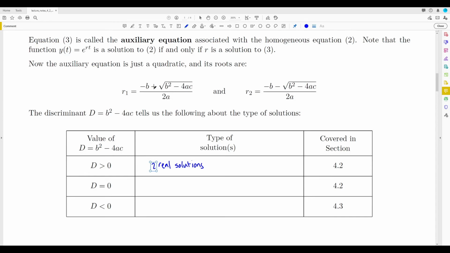We get plus the square root of 0, which is plus 0, and we get minus 0, so that's the same. And so we have one real solution, and that solution has multiplicity 2. And when D is less than 0, that means we have two complex solutions.